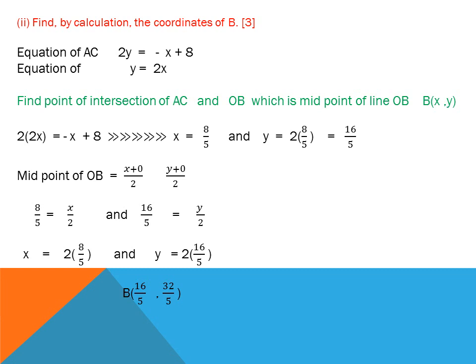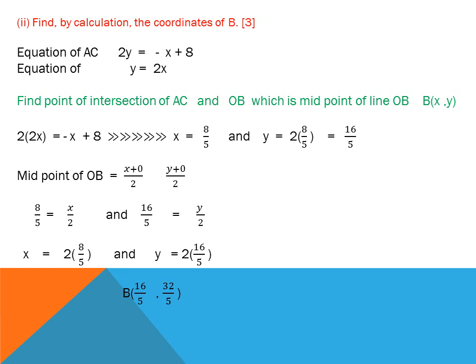When I solve these two equations simultaneously, putting y equals 2x, 2 into 2x is equal to -x plus 8, so x is equal to 8/5, and then y is equal to 2 into 8/5, which is 16/5.